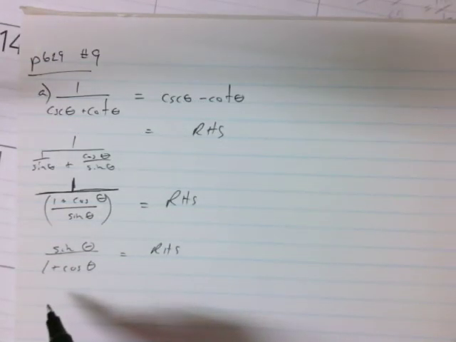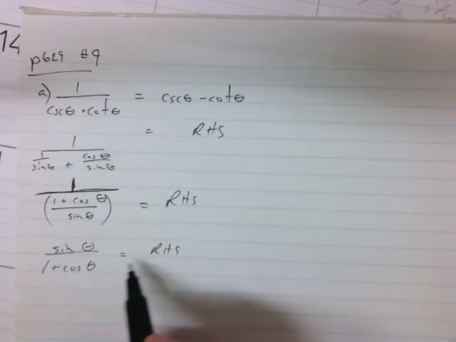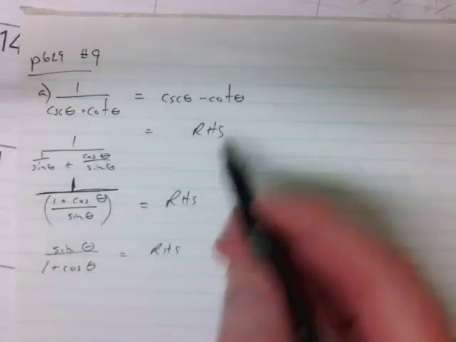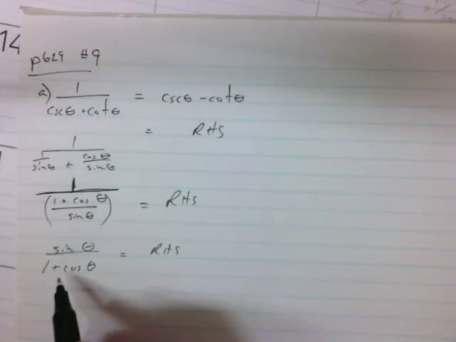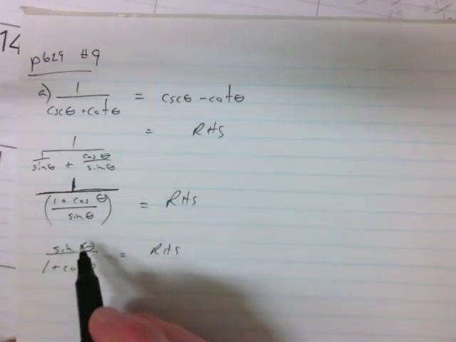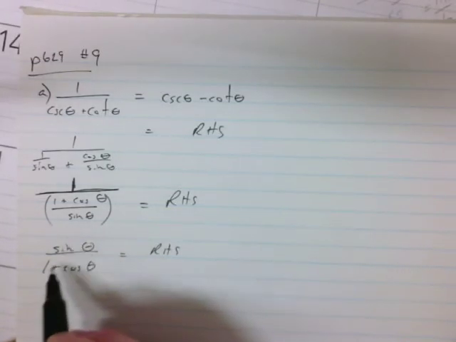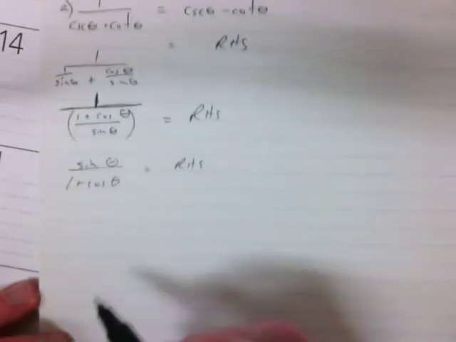Now, because we're working with identities and this is not connecting for me, I want to get this into kind of a Pythagorean identity situation. So I'm going to multiply the top and bottom by the difference of squares, by 1 minus cos of theta.